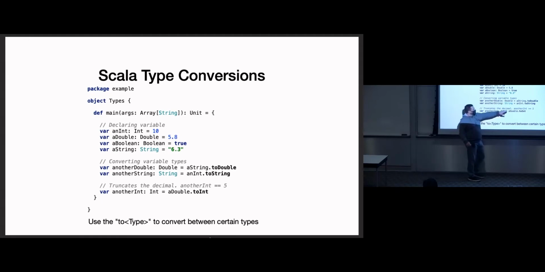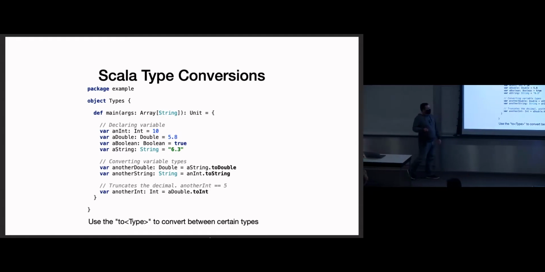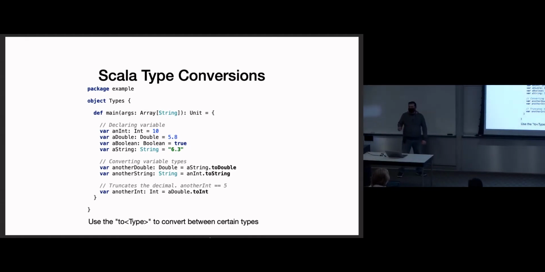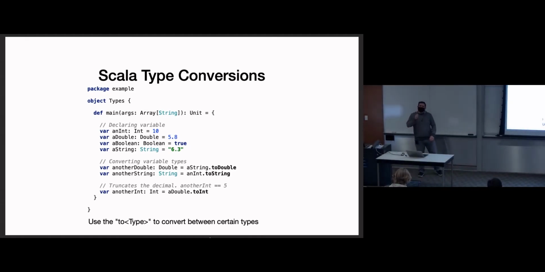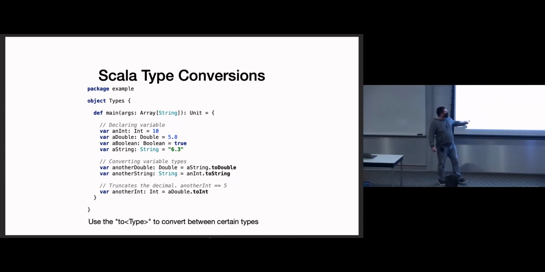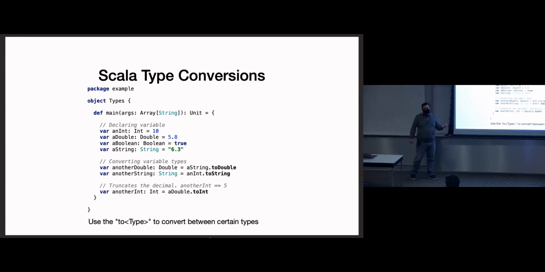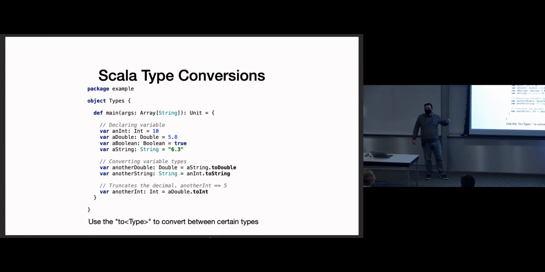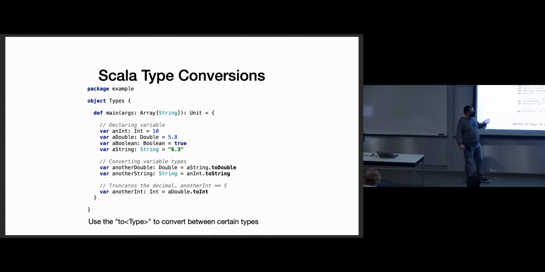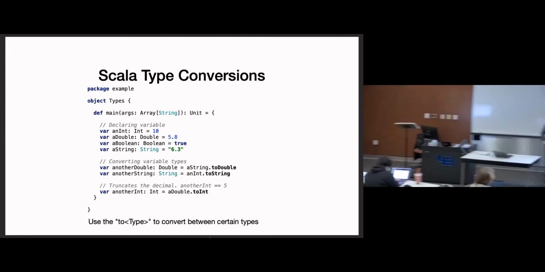Just hit it with your to method, toDouble. This string is a well-formed double, so that's going to convert that string, parse it into 6.3 as a double. As long as there is a valid conversion, toDouble is going to make that conversion. For example, if this string said "six point three" in English, you're going to get an error when you try to do that conversion to a double, because Scala doesn't know how to read that English and then convert that to a double.